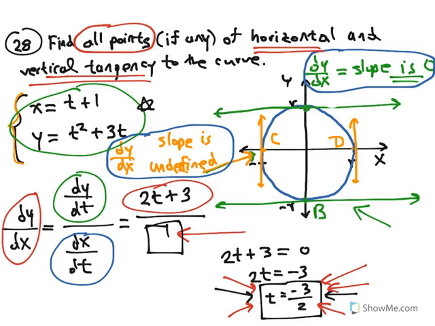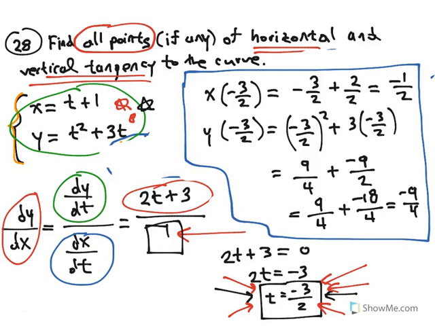I need to substitute this value of t into my set of parametric equations to find the coordinates of that point at which the graph will have a horizontal tangent line to complete the problem. Again, the circle is to help you understand the concept, and of course we don't have a circle for number 28.